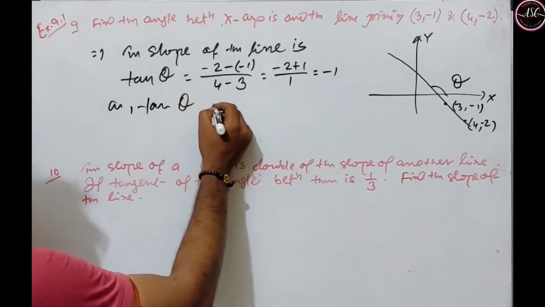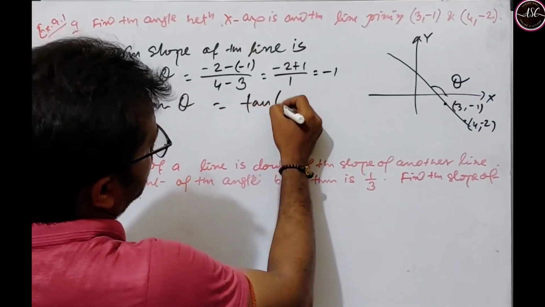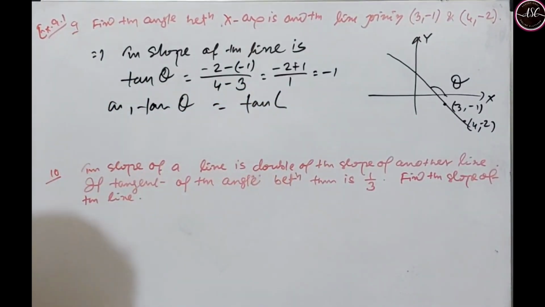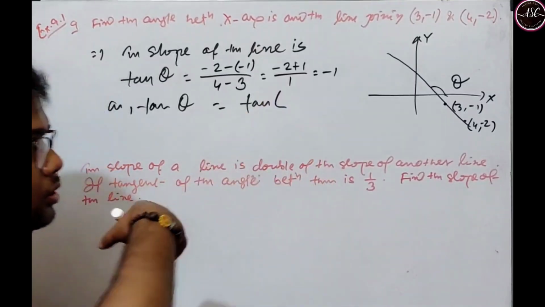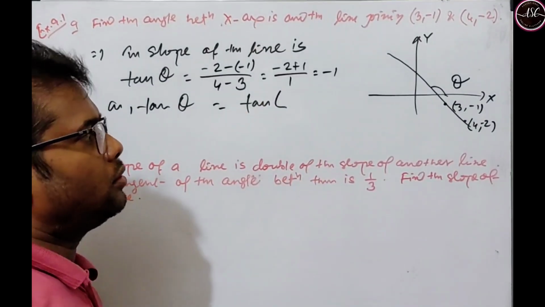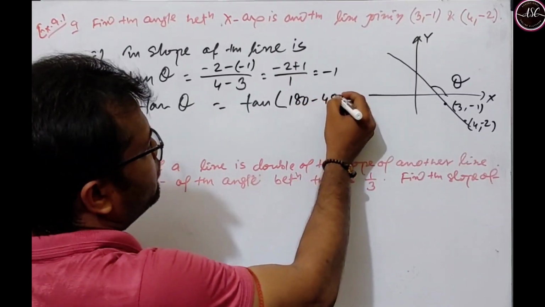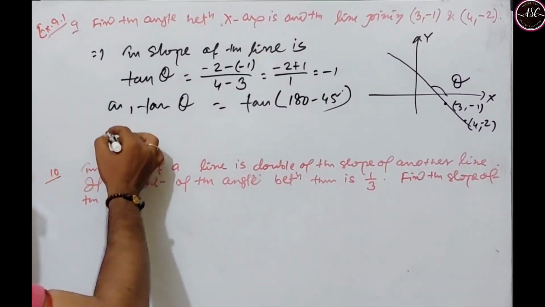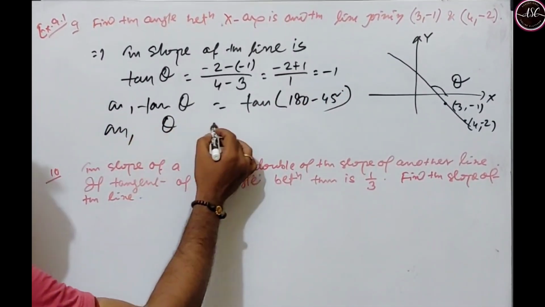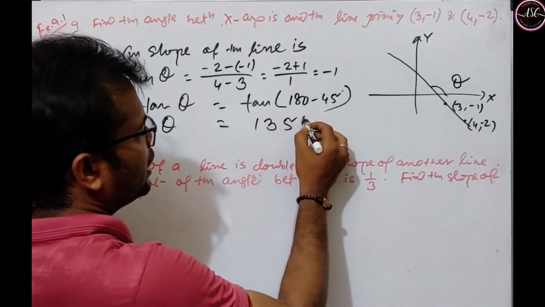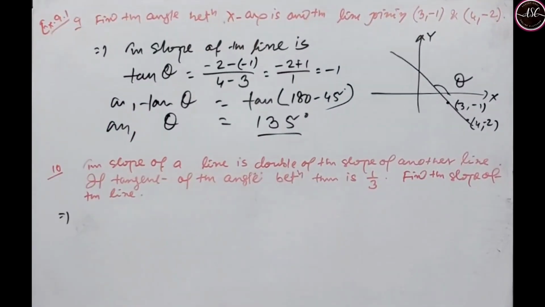So tan theta equals tan, what will be the value? 180 minus 45, or theta equals 135. That will be your answer. Then look at this question.